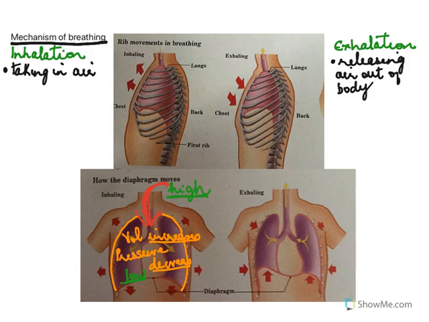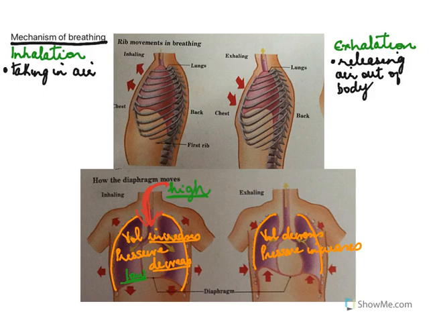Now when it comes to exhalation, just the opposite happens. Here is the thoracic cavity, and in this thoracic cavity now, the volume decreases. And because the volume decreases, the pressure increases.